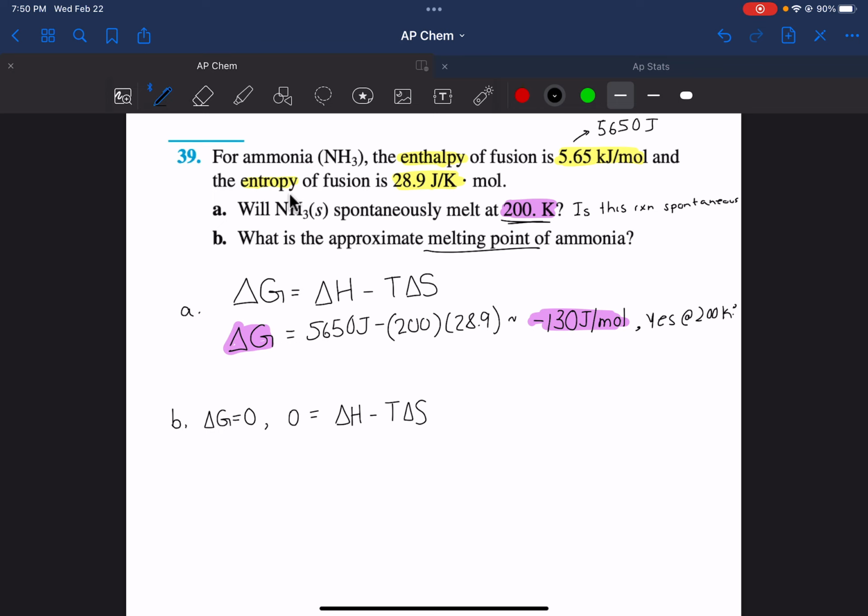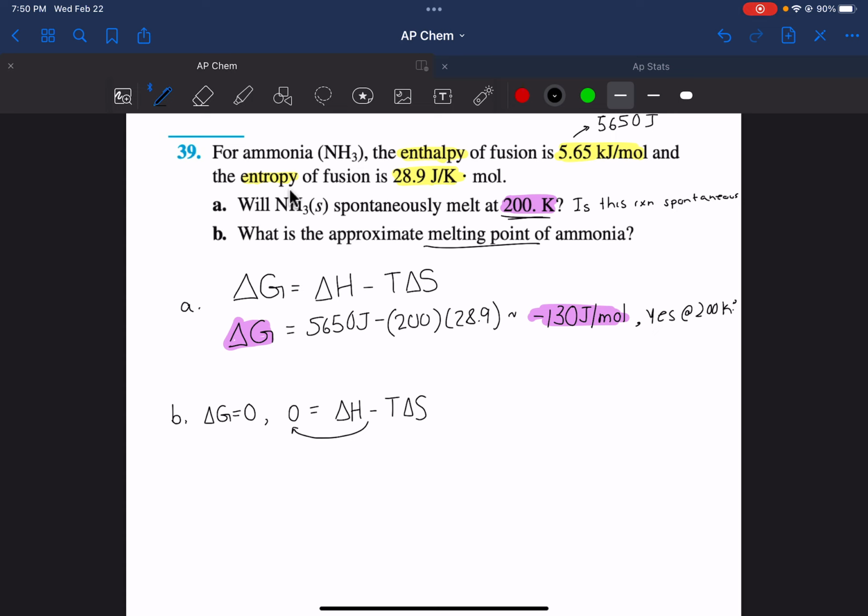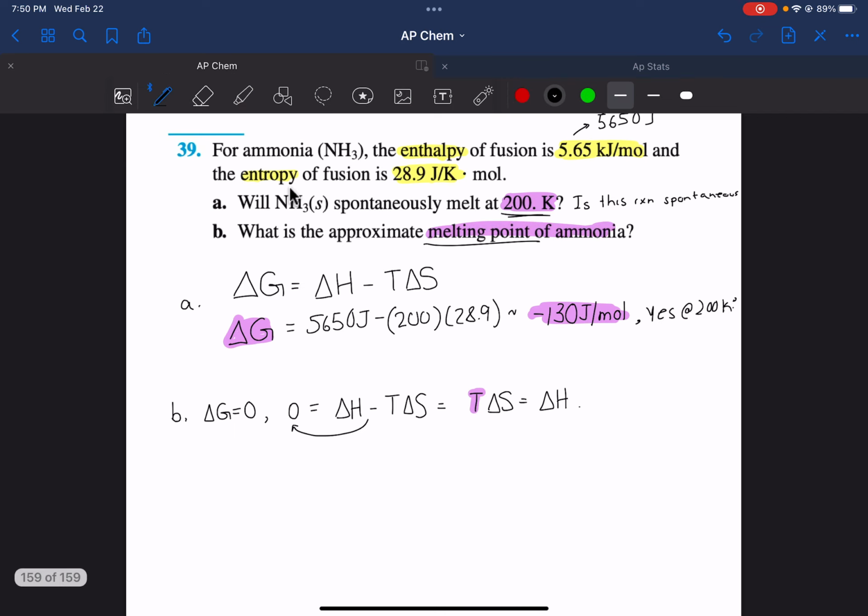Then I can add that term over here, to say that the temperature times the entropy is equal to the enthalpy. They're asking me for the approximate melting point, so they want a temperature here, which means that the temperature is going to equal the enthalpy over the entropy.